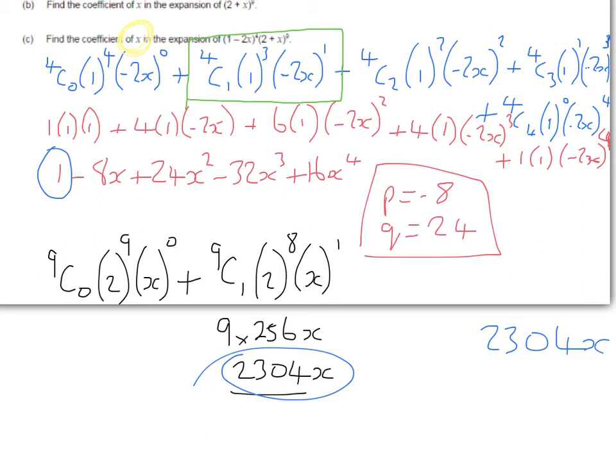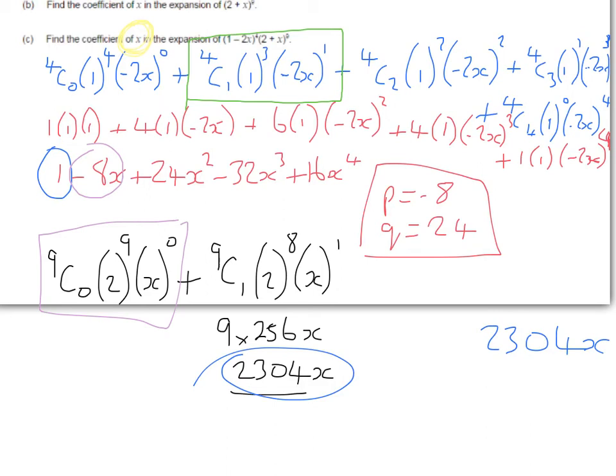But that's not the only place I can get an x from. I can also get an x if I had this minus 8x here, and I multiplied it by the value that I get from this part of my expansion that I said I didn't need previously. This is just going to give me a number, remember. 9c0 is 1, 2 to the power of 9 is going to be 512. If you're not sure, just check on your calculator, but that's going to give me 512.